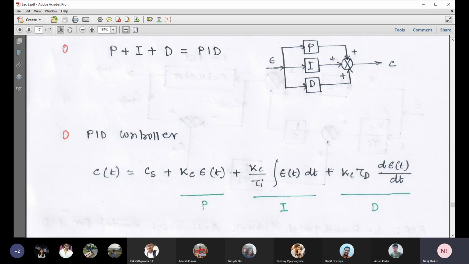Till this point, PI we have studied. For PID controller, one additional term is added here that represents the derivative action.